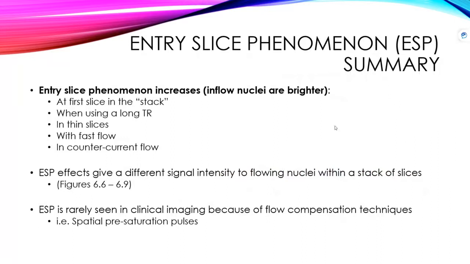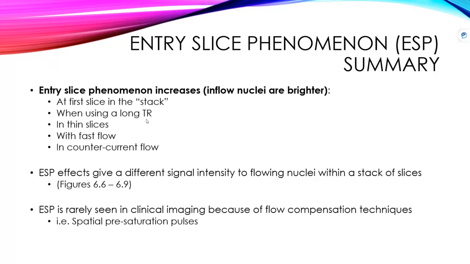So to summarize entry slice phenomenon, you increase that phenomenon, or ESP, which means that you're going to have bright signal from inflowing nuclei more so in the beginning slice of the stack when you're using a long TR. And the reason is that when you use a long TR, you're allowing longitudinal relaxation.